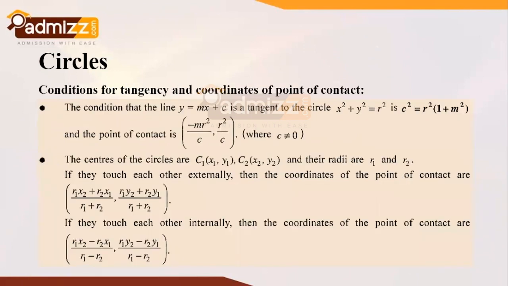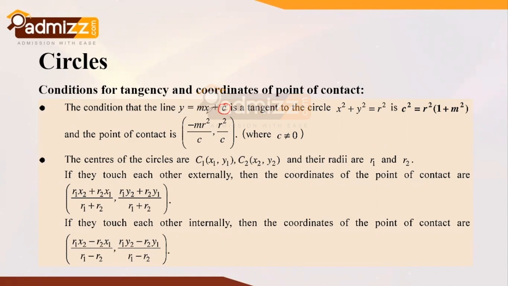Now, the conditions for tangency and coordinates of point of contact. If a line is a tangent to a circle, then how can we come to know that it is a tangent or not? For that, the condition is c square is equal to r square into bracket 1 plus m square. The c is the intercept value of the line, which will be provided to you in the question.